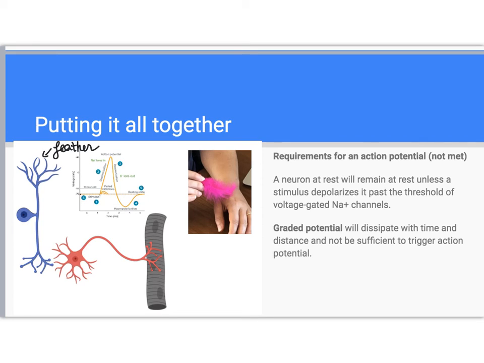A little bit of sodium may flow in, but it's not enough to depolarize the cell to the extent to open voltage-gated sodium channels. As a result, the sensing of the feather on the periphery of the body does not lead to painful information being sent through the circuit.